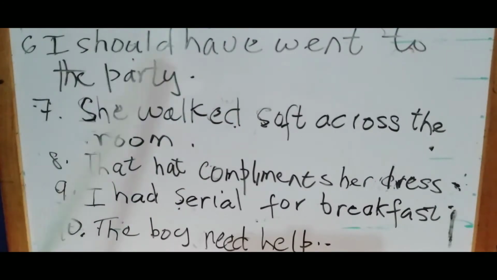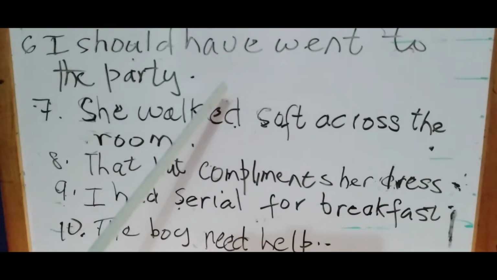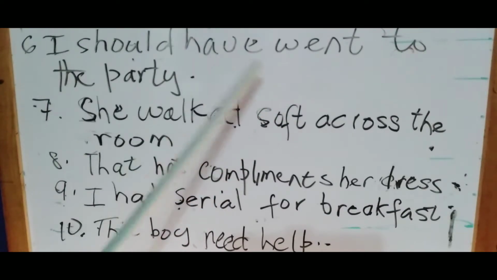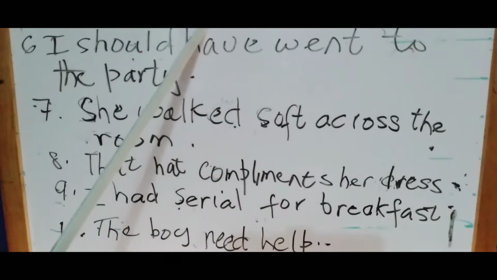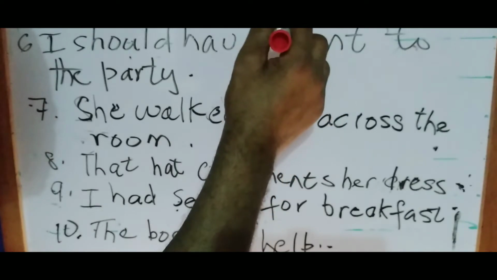So you wouldn't say I should have went, because have is suggesting that you have to use the past participle of the verb. You couldn't say I should have go or I should have went. I should have gone. Have suggests that. Okay? So went is wrong. It should be gone.